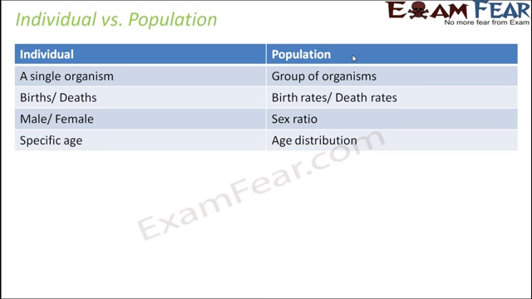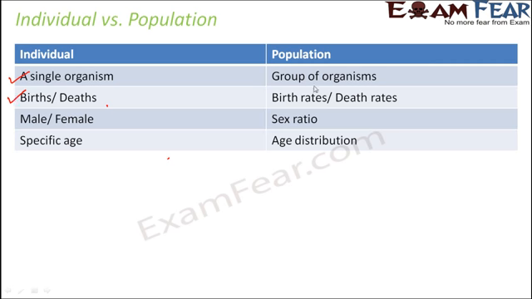Now, population and individual are not the same thing, and there are certain aspects which are different. In case of an individual, we talk about a single organism. One individual is one organism, so we talk about birth and death of an organism. One organism can die, one organism can be born.